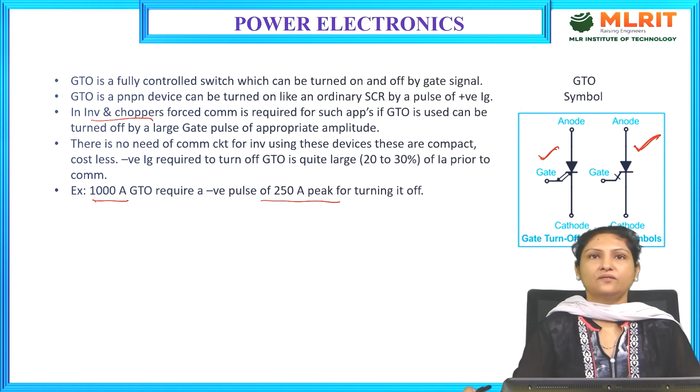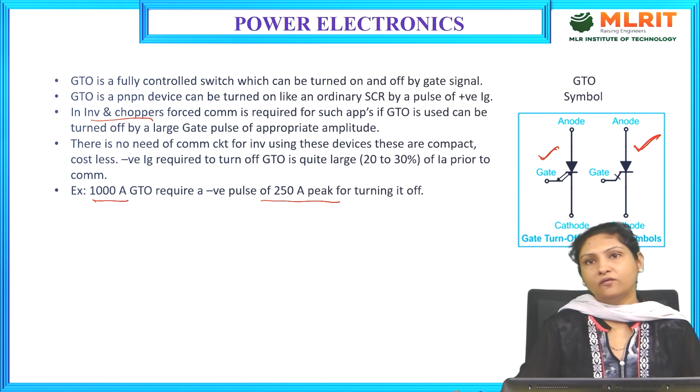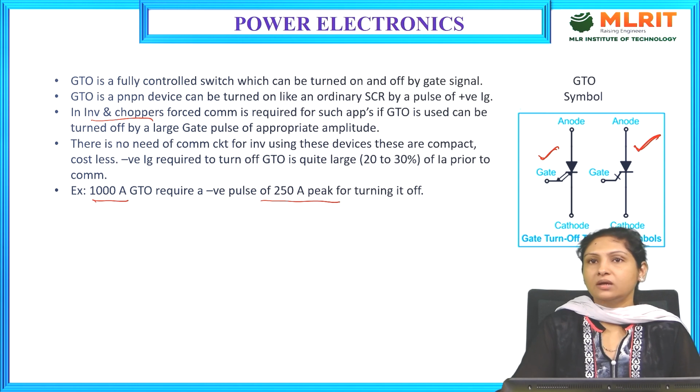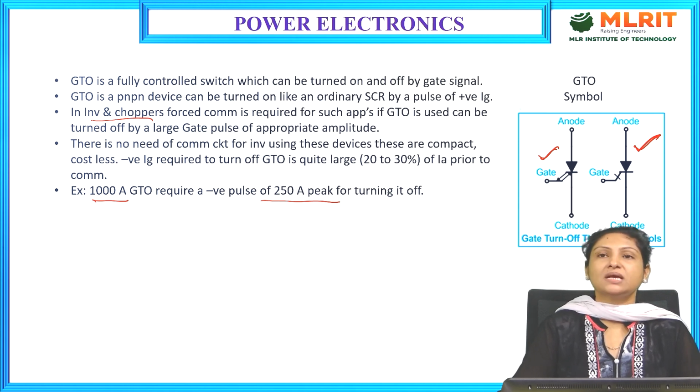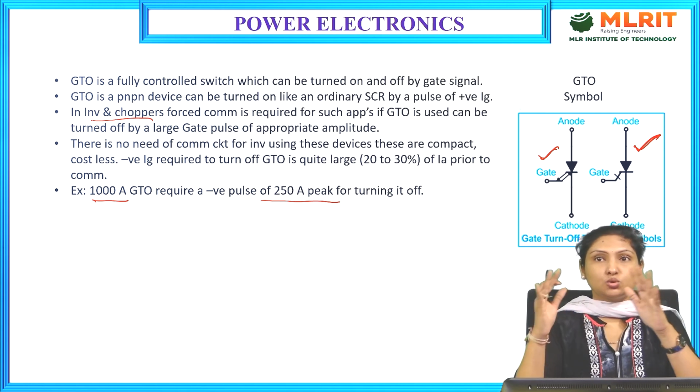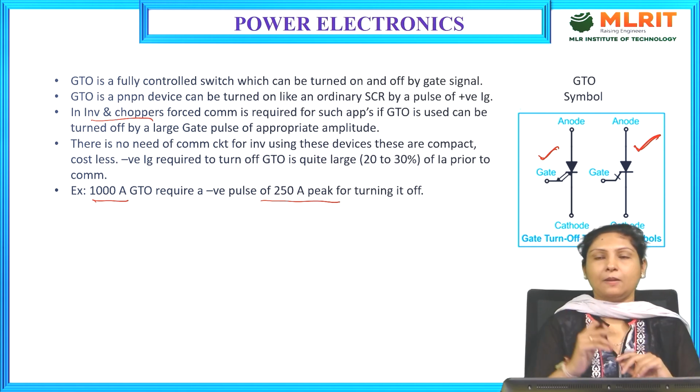And this is a fully controlled switch which can be turned on as well as off by a gate signal. GTO is a PNPN device, and can be turned on similar to an SCR by a positive gate pulse. If you take SCR in inverters and chopper circuits, as I told you, we may require a separate force commutation circuit which adds to the cost of the existing appliance.